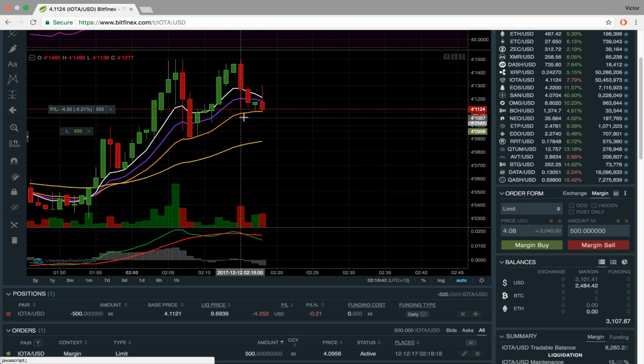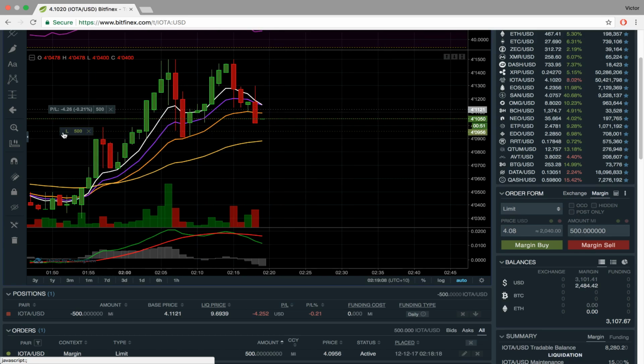At the moment, things are looking pretty sweet because we have got a bunch of sellers who started off here at the top of this candle, and they drove all the way down to there, and they pretty much said, nah, that's where we're staying. We're seeing a bit of tug of war, but it's falling down. It's going in our favor. This is what we want. This is what we're after.